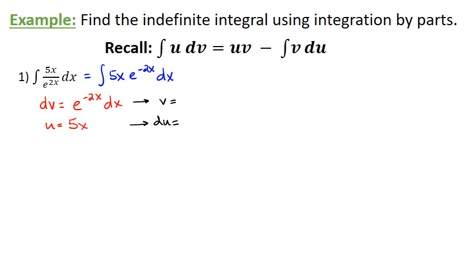If I integrate this, remember, I keep it and I divide by the derivative of the exponent. So this would be negative 1/2 e to the negative 2x. On the other hand, if I have u and I want to get du, I have to find the derivative of this. The derivative of 5x is 5 dx.